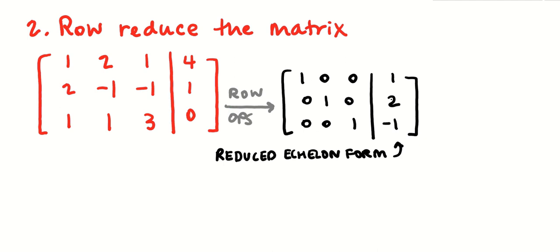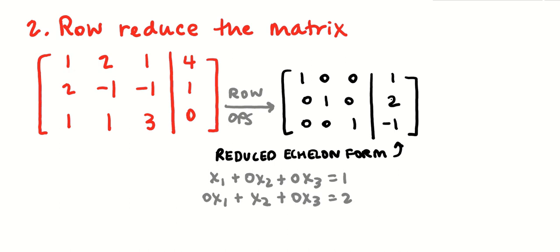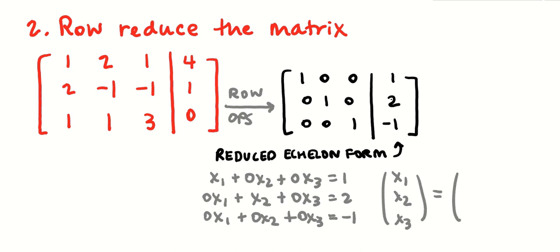If I were to take this out of matrix form and write it in terms of the variables like we did at the very beginning, I'd be saying 1x1 plus 0x2 plus 0x3 equals 1. 0x1 plus 1x2 plus 0x3 equals 2, and 0x1 plus 0x2 plus 0x3 equals negative 1, which is saying that x1, x2, x3 as a vector is equal to 1, 2, negative 1, and these are the values of x1, x2, x3 that solve my system.